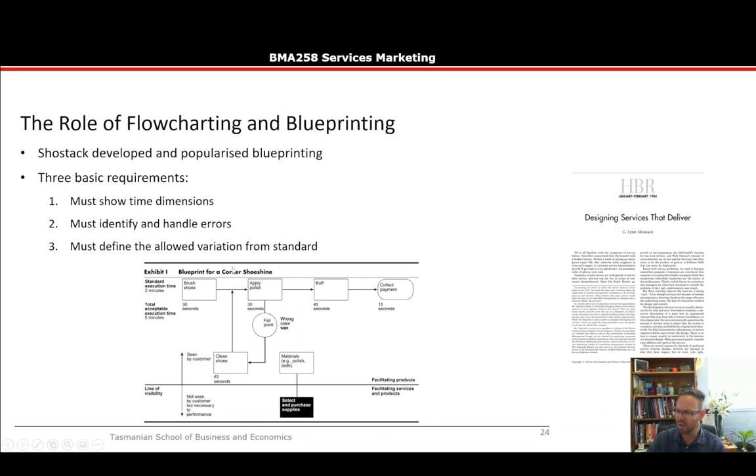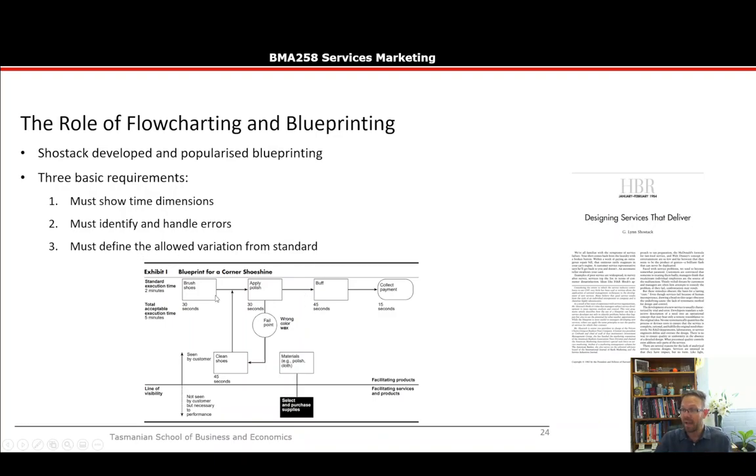When service failures happen, you can map them out on your blueprint and say we're getting a lot of failure within this specific section of our flowchart. It becomes a visual tool to help direct our focus and improve that.